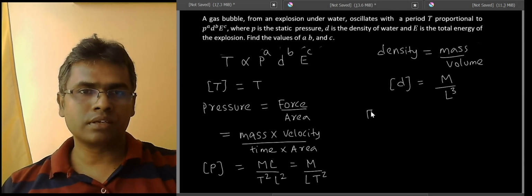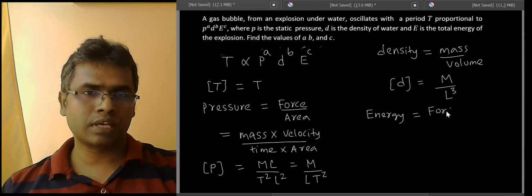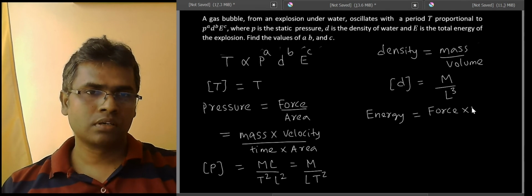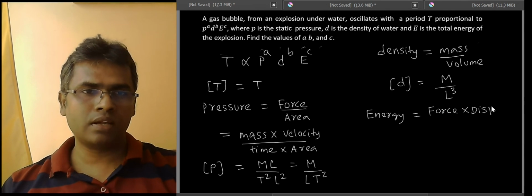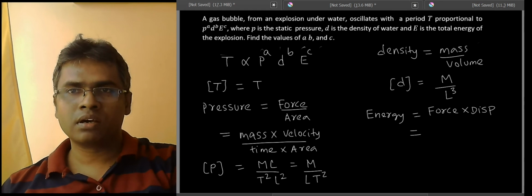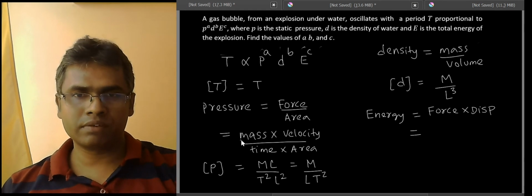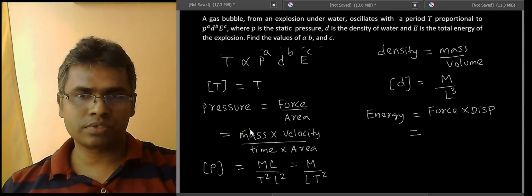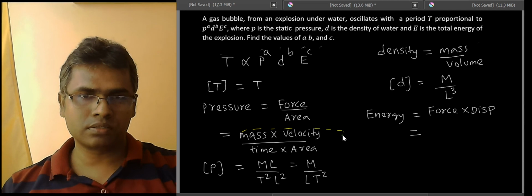Now, when it comes to energy, we know that it is work done by a force, which is basically force times the displacement. When we obtained the dimensions of the pressure, in a way we have the dimensions of the force here, so we can use that.